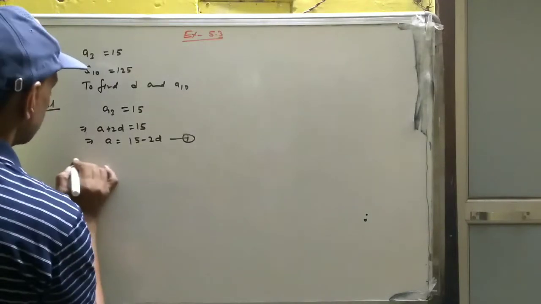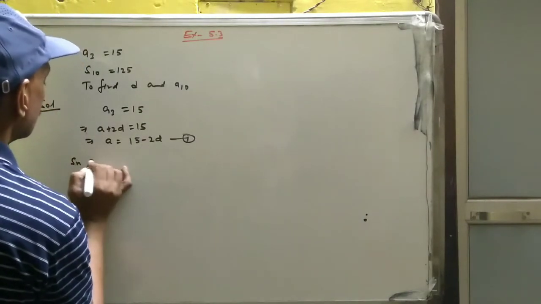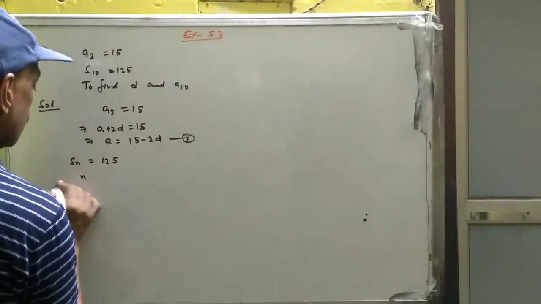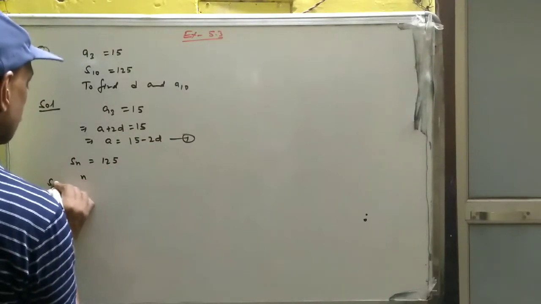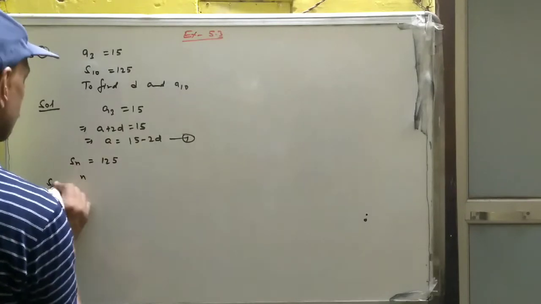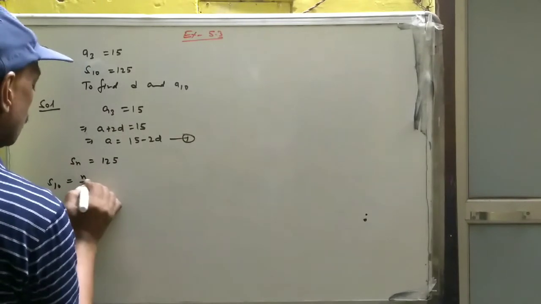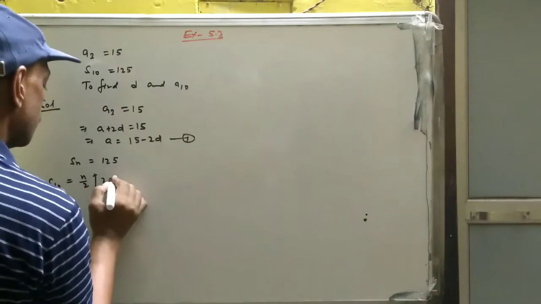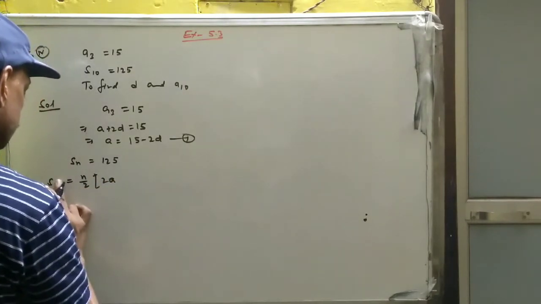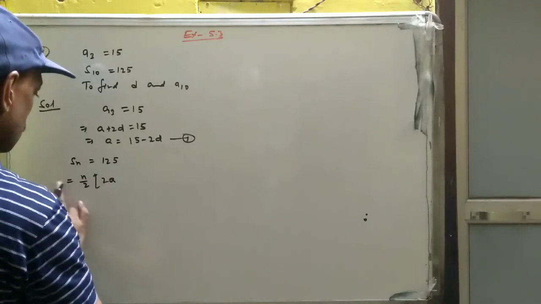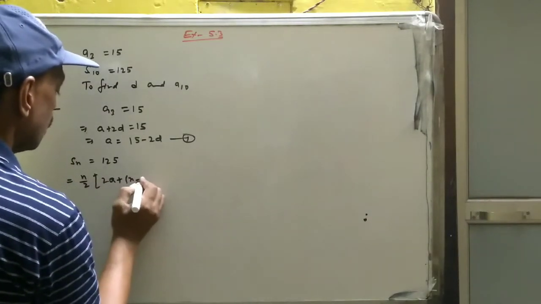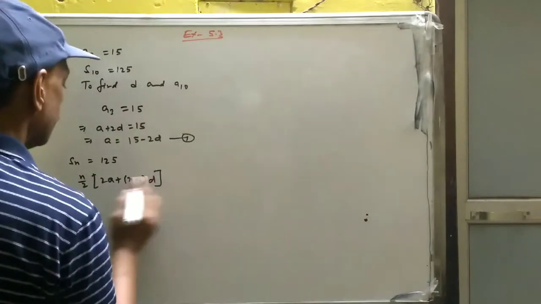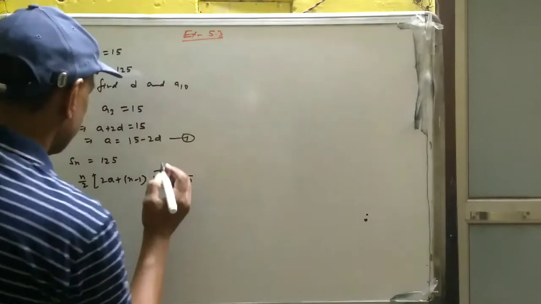So we will write Sn equal to 125. The formula of Sn is n by 2, 2a plus n minus 1 into d, and it is given equal to 125.